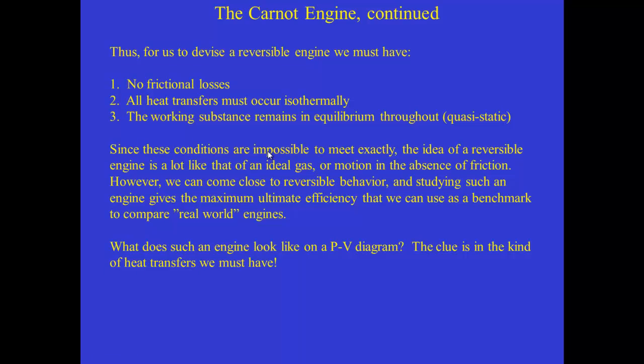However, we can approximate this behavior and we can come up with a theoretical cycle on a PV diagram that will be a truly reversible cycle, and it will give us the maximum possible efficiency that we could ever have under ideal conditions in the real world. So it's a little bit like the ideal gas.